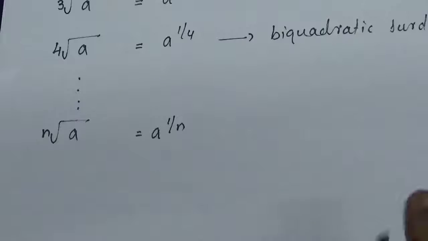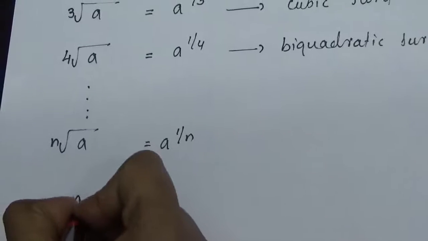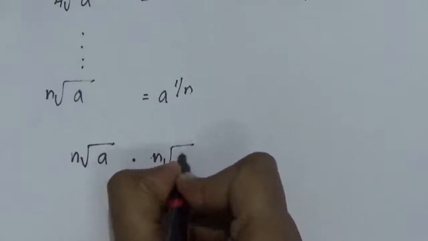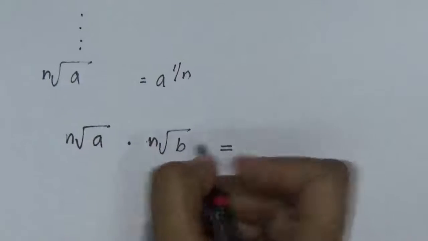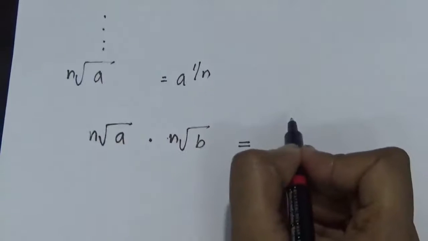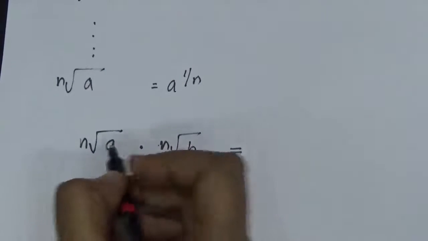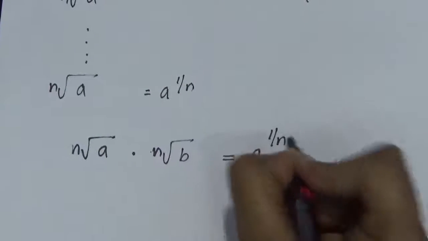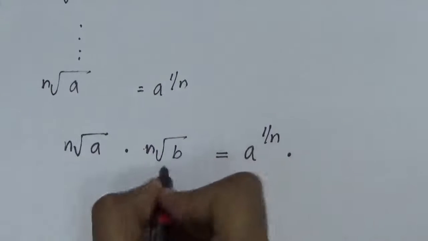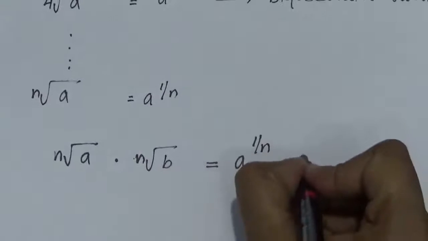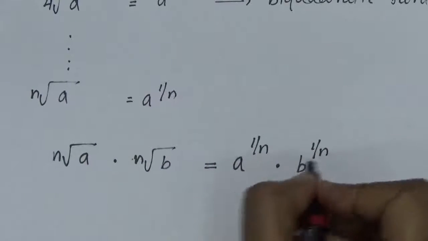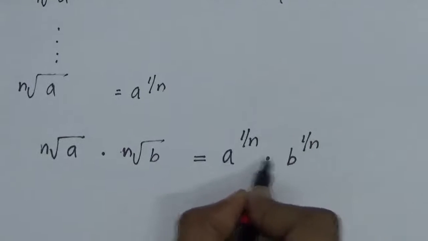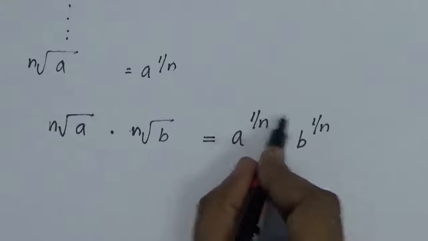Okay, now we need to find what is nth root of a into nth root of b. For that, you have to convert these surds into exponents. So how will you write nth root of a? Nth root of a can be written as a raised to 1 by n, into nth root of b, which can be written as b raised to 1 by n. So we have the product of two exponents where the bases are not equal but the exponents are equal.